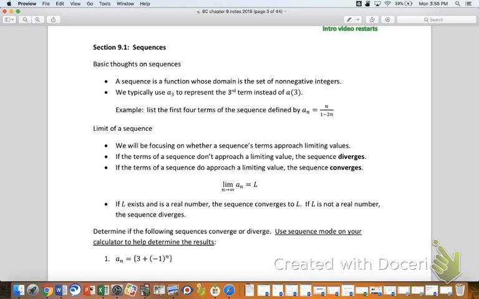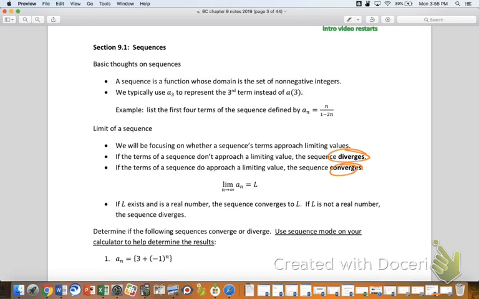Terminology here: if the terms of the sequence don't appear to be reaching a limiting value, then we would say that the sequence diverges. And if the terms do seem to be reaching a limiting value, we would say that the sequence converges. So 2 important words there that we'll use quite a bit in this chapter.